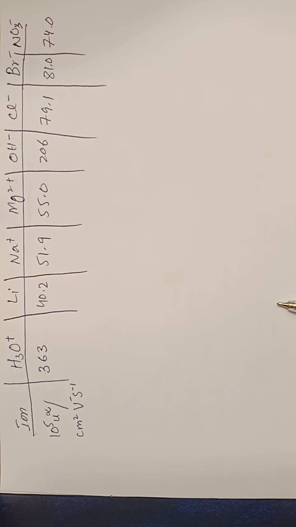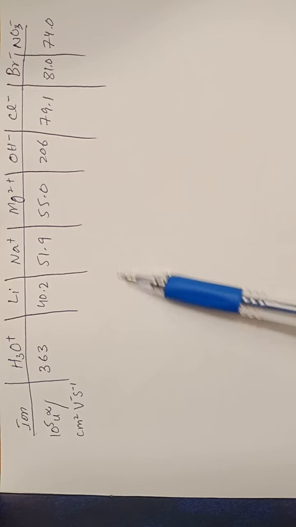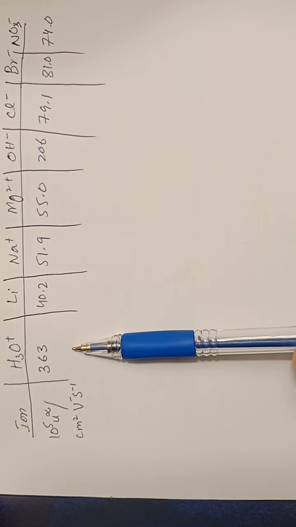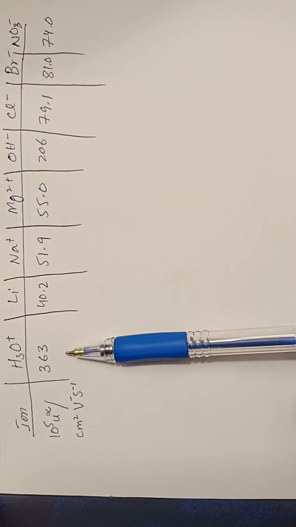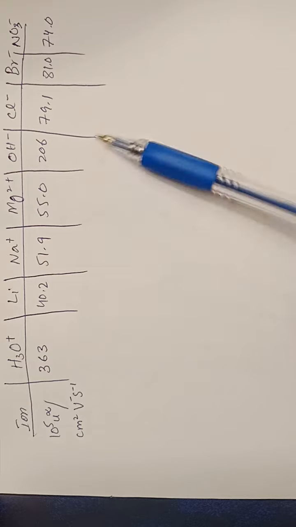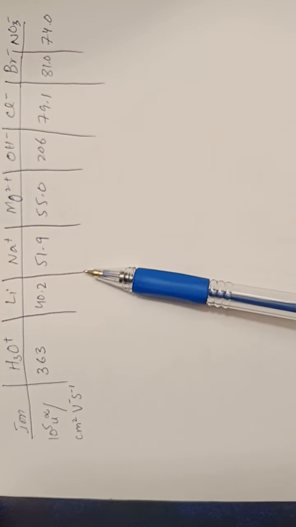Here we have examples of experimental electrical mobilities that are extrapolated to infinite dilution for ions in water at 25 degrees centigrade and 1 atmospheric pressure. Here we can see that the ionic mobilities of the hydronium and hydroxyl ions are far higher than the other values.